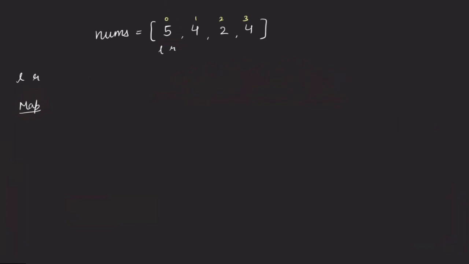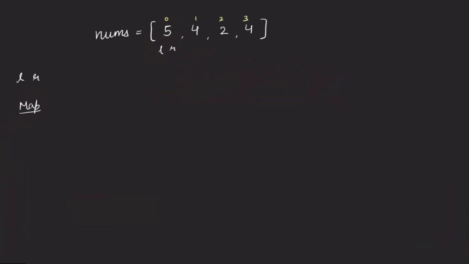So with these two, I will be able to identify the minimum element and the maximum element in my current window. If they are satisfying my condition, then I will count that subarray and move my R forward. If they are not satisfying my condition, then I will move my left forward. While moving left forward, in the map I will also have to update that this 5 is no more present in my window.